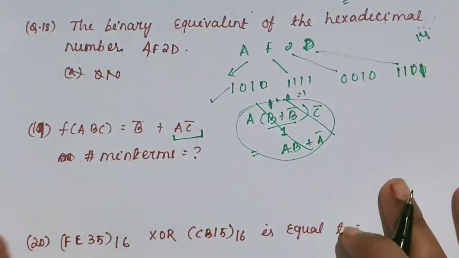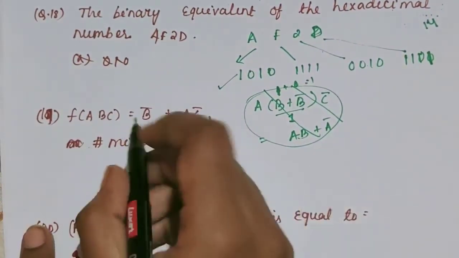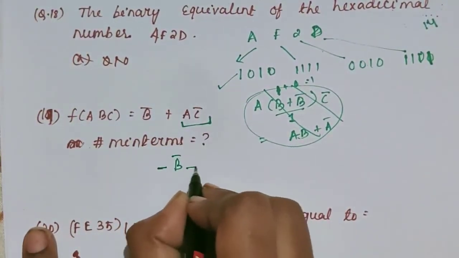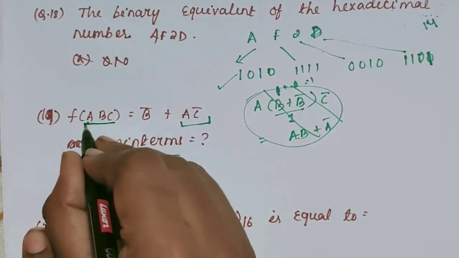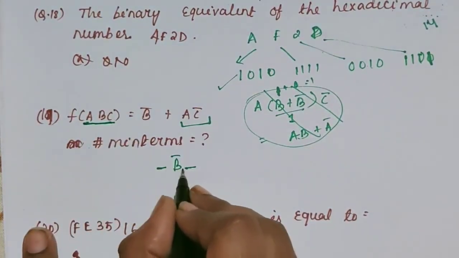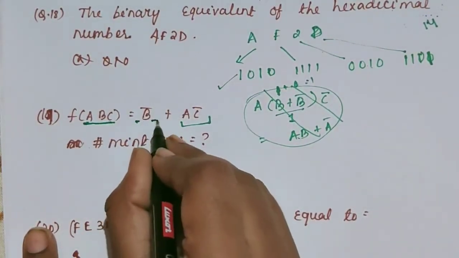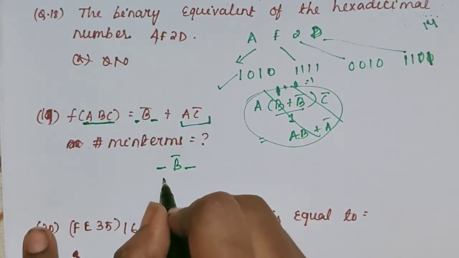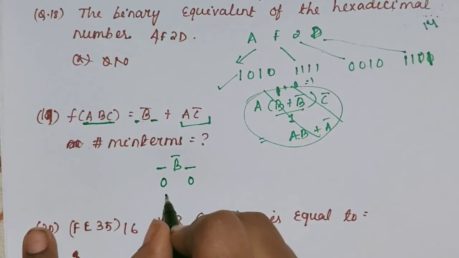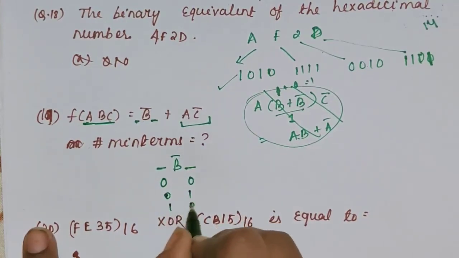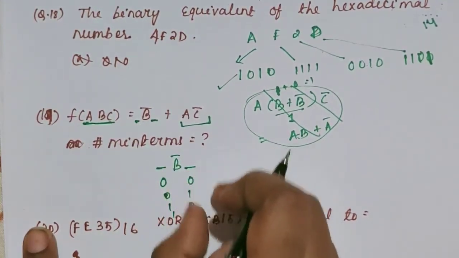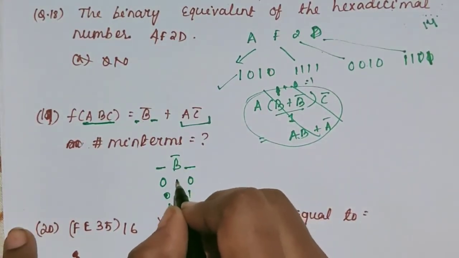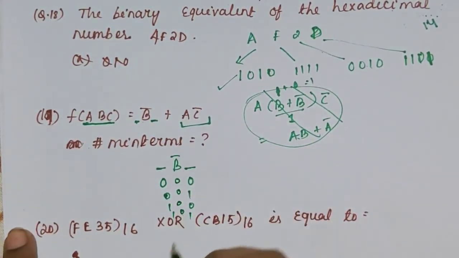So it is like ab plus ab bar, you have to maintain this expression as it is, but I will tell you the short trick to find the number of min terms. Here take b bar and a and c, a b c is given. In this way you have to take the variables a, b, then c. Here a is absent, c is absent, so b is present. Here you take 0 0, 0 1, 1 0, 1 1 as the truth table of two variables. And b bar is given, b bar is nothing but all zeros.